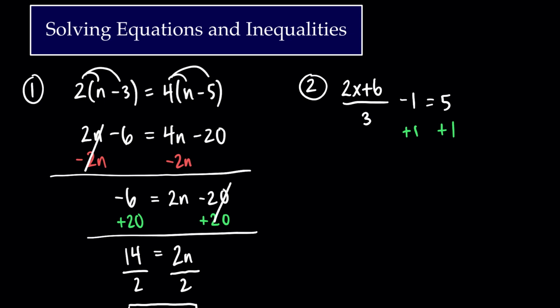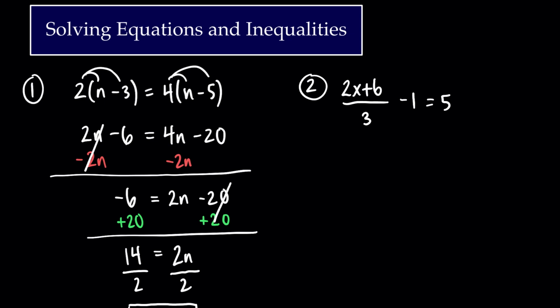That's probably what I would do. Some people like to multiply by 3 on both sides. They'll multiply over here by 3, and they'll multiply over here by 3. The reason for that is when you multiply this part by 3, it gets rid of the 3 on the bottom. So that's kind of helpful. I just want to point out that there are several different ways you can do this.